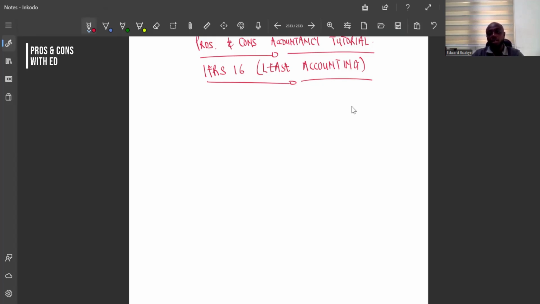A lease is simply a contract between two parties which gives the right of use of an underlying asset to one party in exchange for consideration. So you'll be given the right to use an underlying asset for a considerable period of time whilst you pay a consideration, or you pay some amount at intervals.